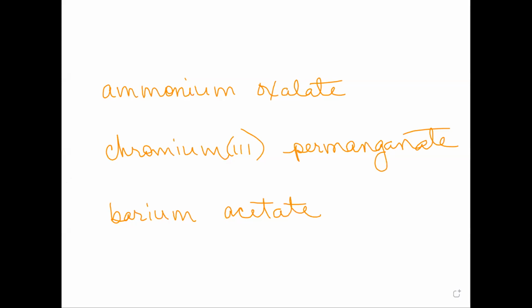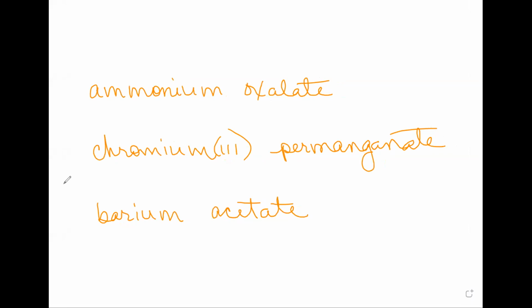So ammonium oxalate. There is no whiteboard. Oh, okay. So ammonium oxalate. What does ammonium look like? Thanks, Victor. I was hoping I could show you the whiteboard and this at the same time. That would have made life so much easier.